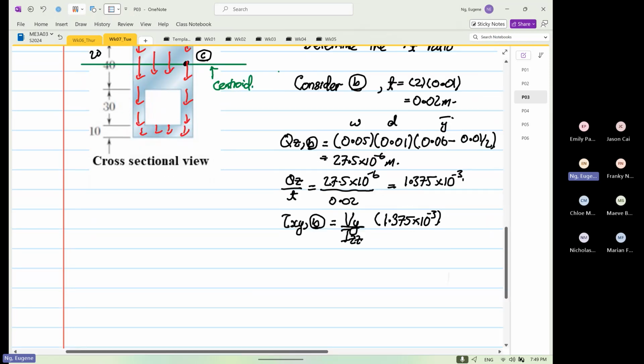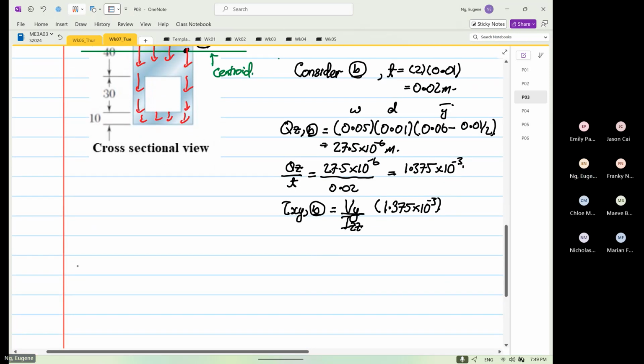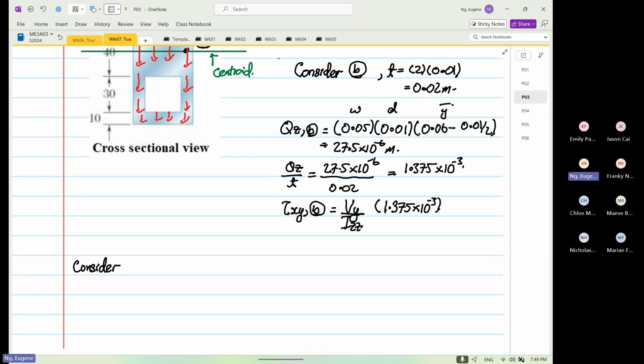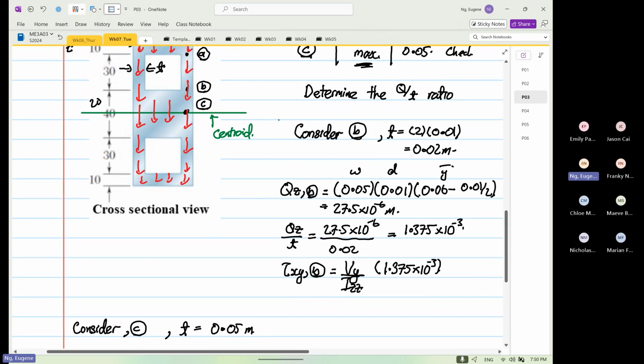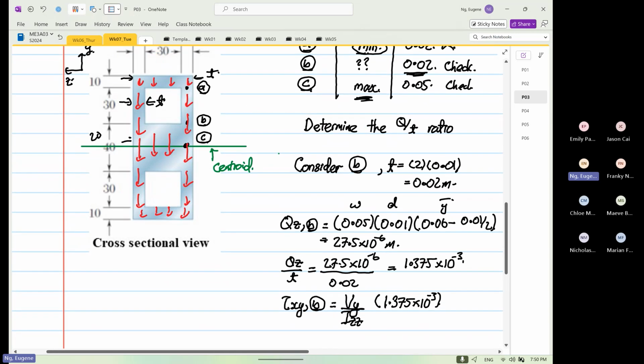Okay, so now let's consider point C. At point C, the thickness is equal to 0.05 meters. So we are checking this at point C, where it is 0.05 meters.